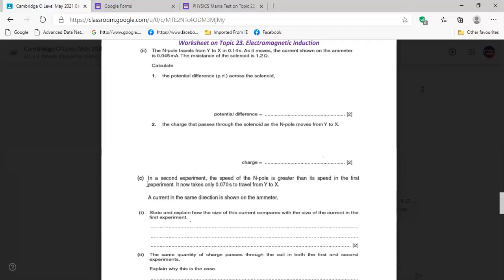Yes, I can say the size of the current will be more because the speed of the magnet increased.